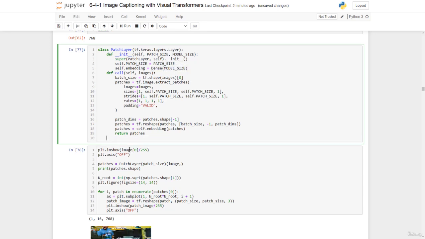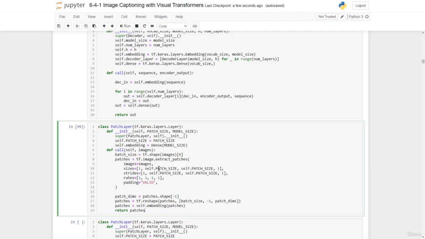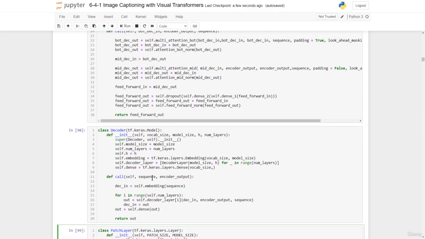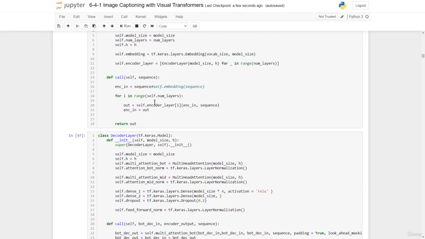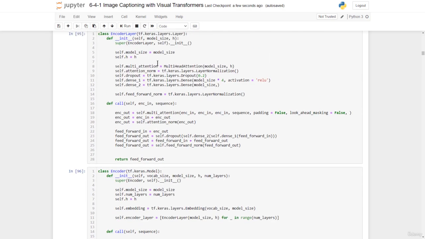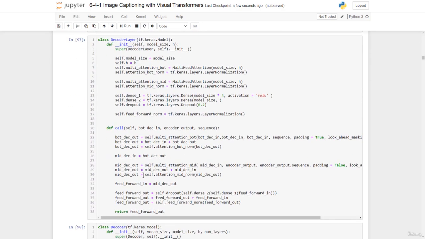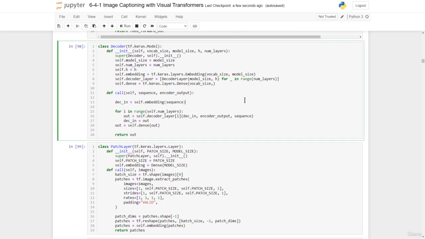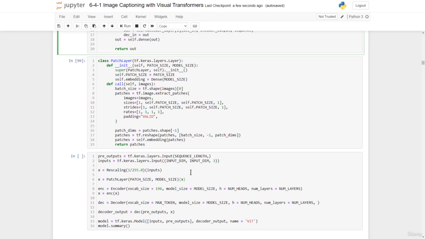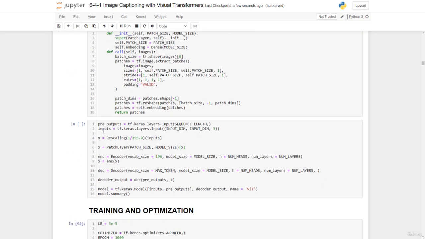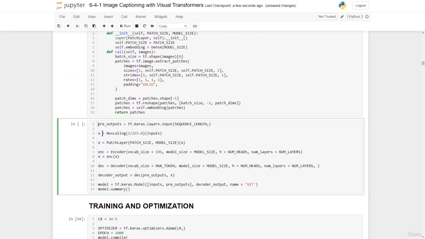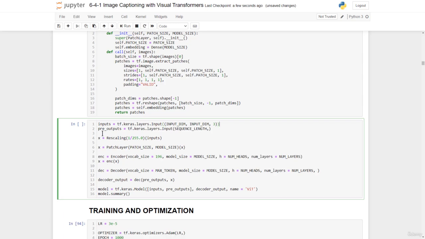So that's fine. We now go ahead and insert the patch layer. We have also the encoder and the encoder layer which we've also inserted. From this, the full model gets described. We have the inputs and the pre-outputs.